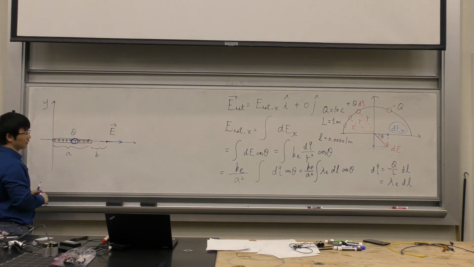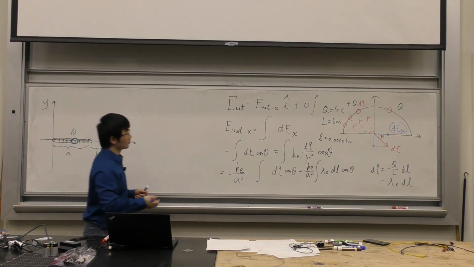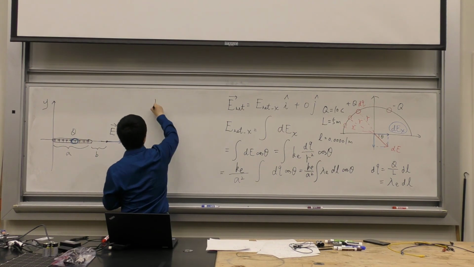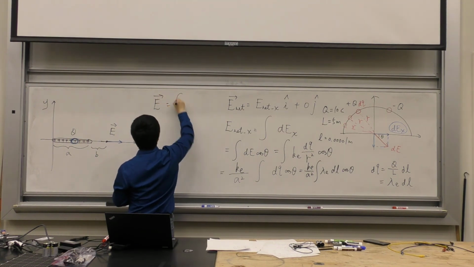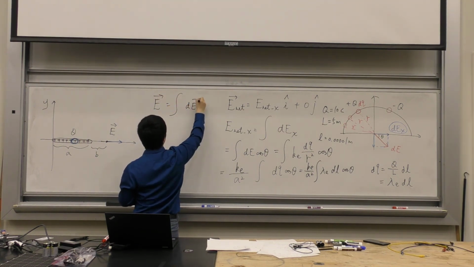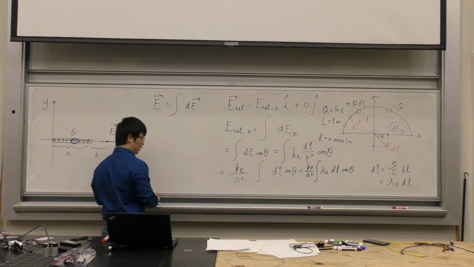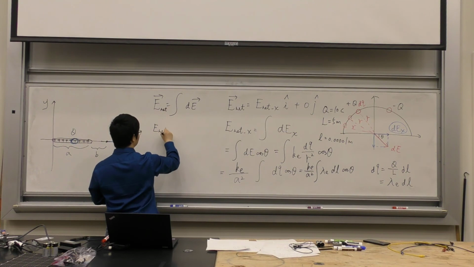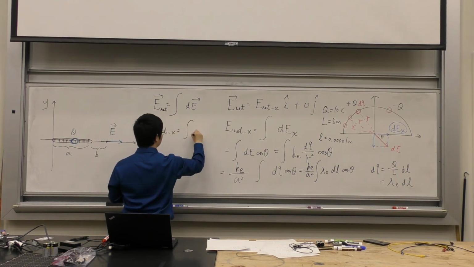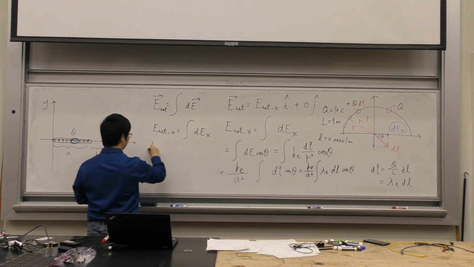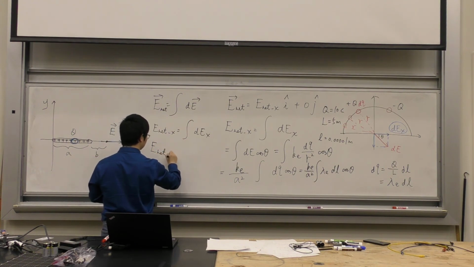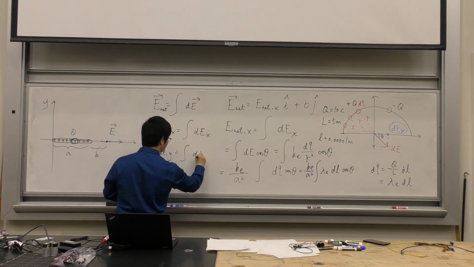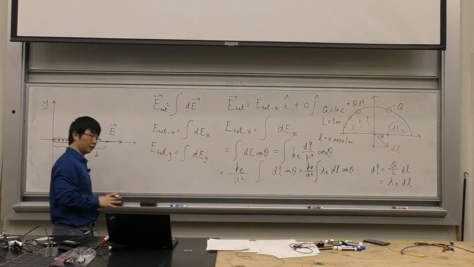Now you're going to pick another one, right? Because you always get a vector integral. Either you break it into x and y, you do E net x equals this, E net y equals this. So that's what you should do, theoretically.